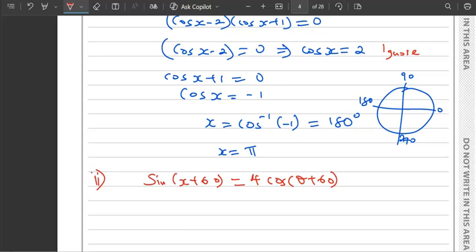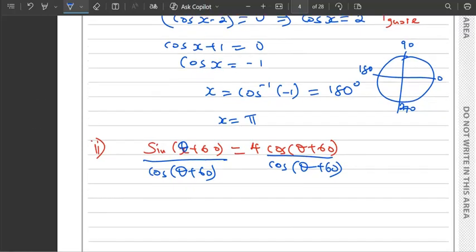The first step we can take is to divide through by cos of theta plus 60 on both sides. Simplifying, we remain with sine of theta plus 60 over cos of theta plus 60 equals 4.